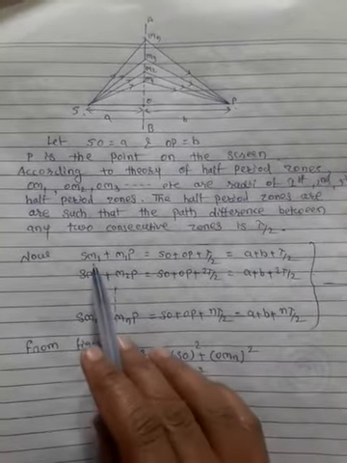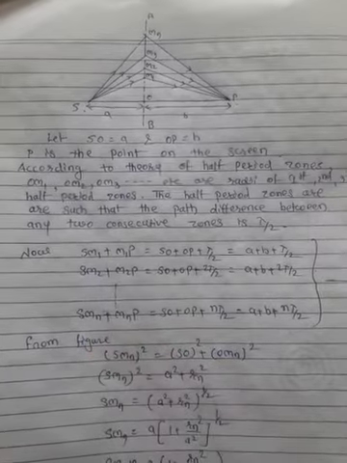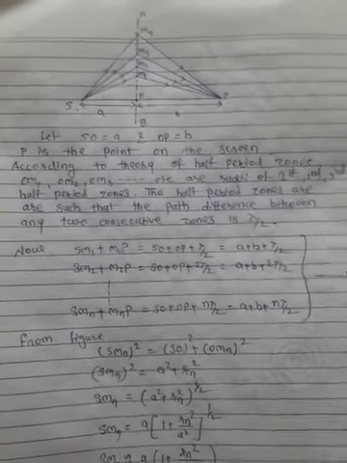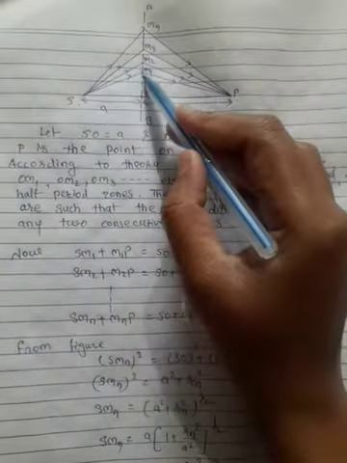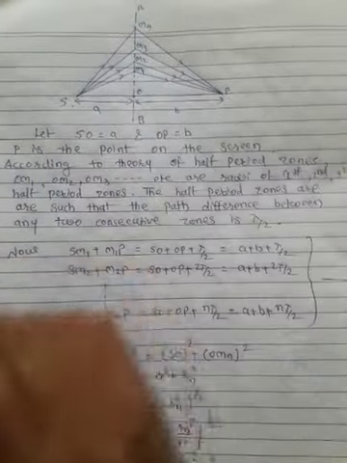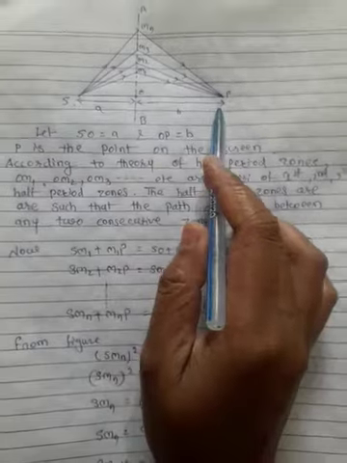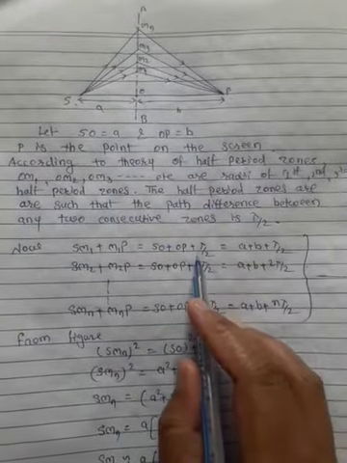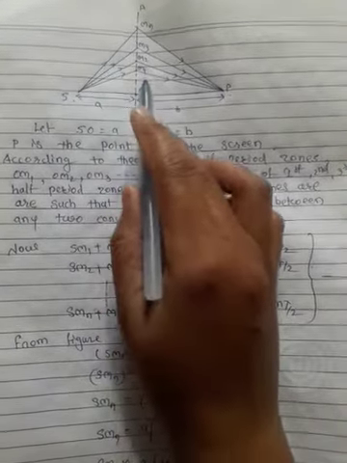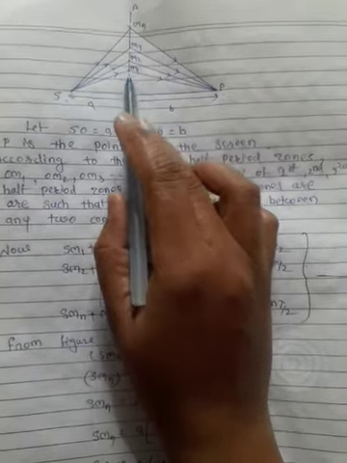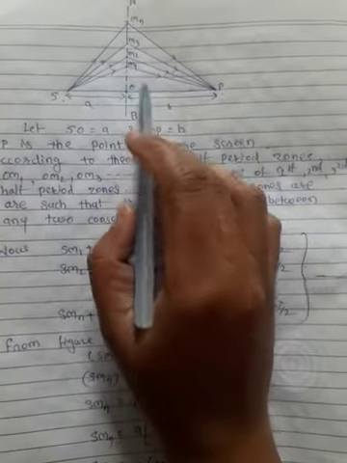Therefore, if we consider the distance SM1 plus M1P, then it differs from SO plus OP by lambda by 2.